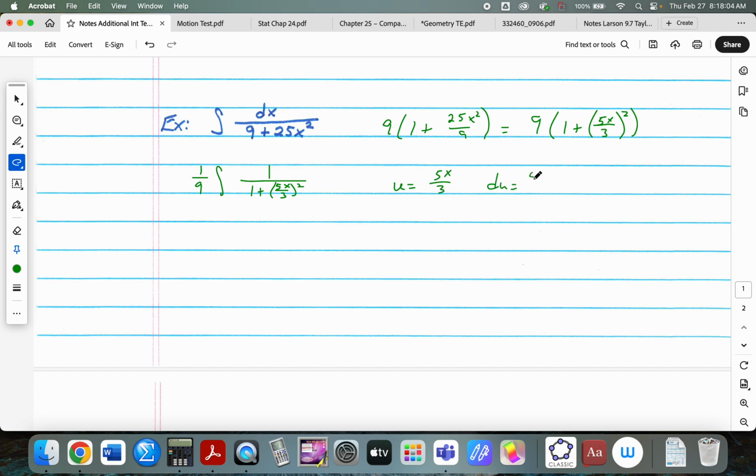Du then would be 5/3 dx. So then dx is going to be 3/5 of du. So now replacing, I've got 1/9 times, I'm going to go ahead and bring the 3/5 out in front also, since it's just a constant multiple, of the integral of du over 1 plus u squared.